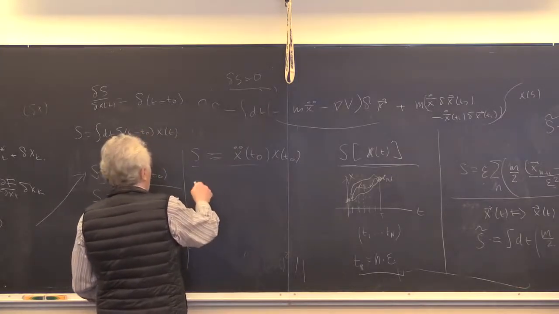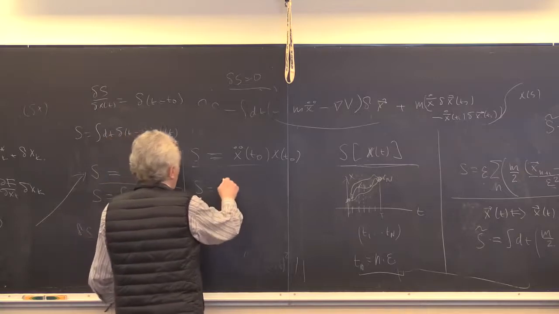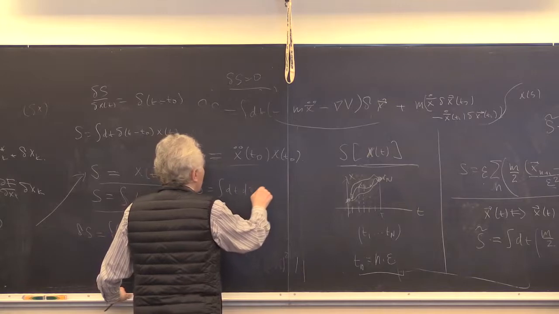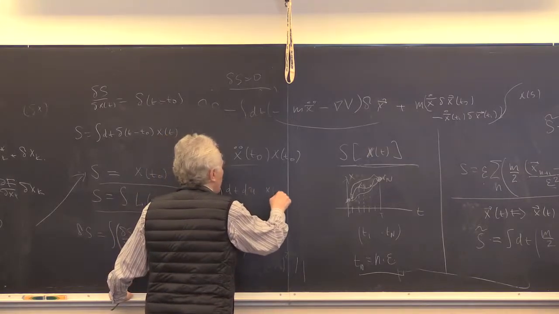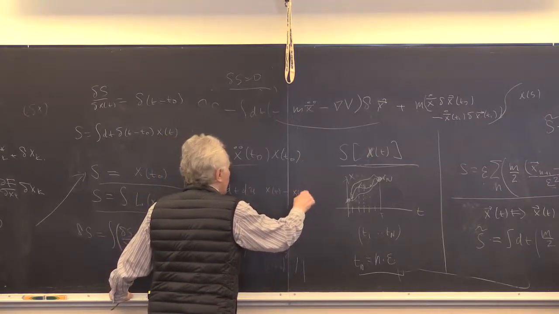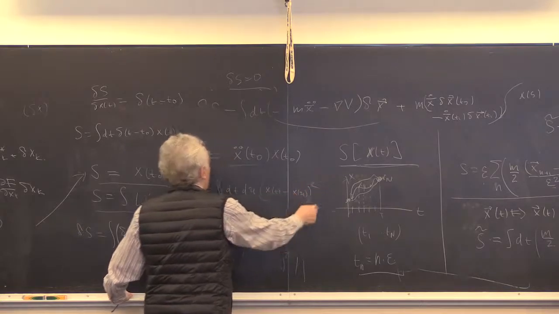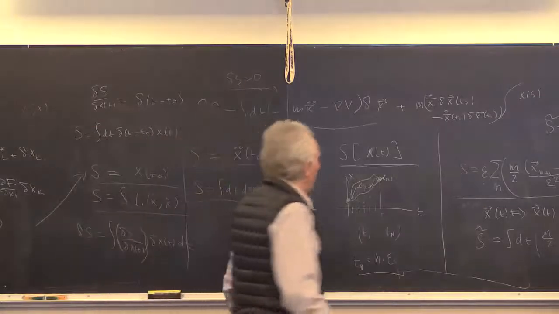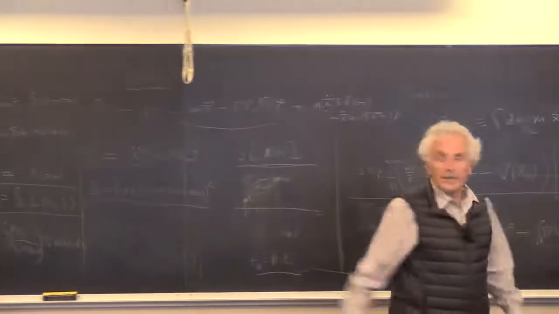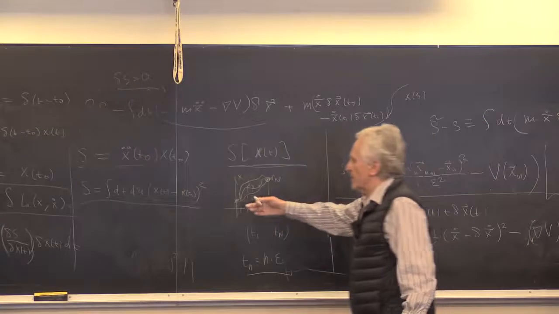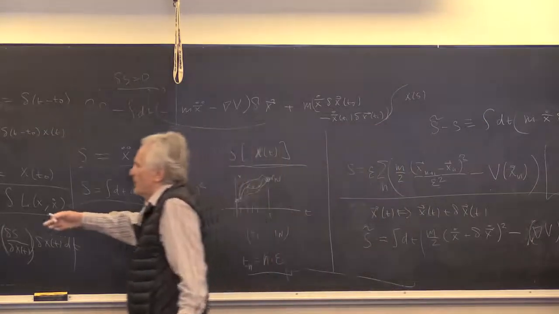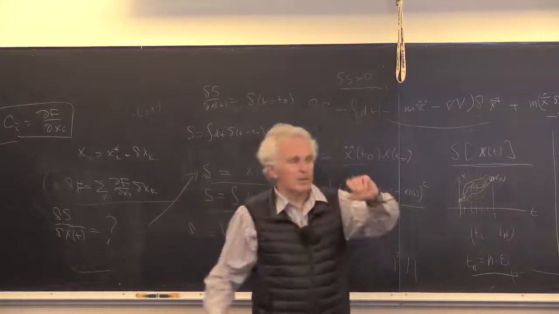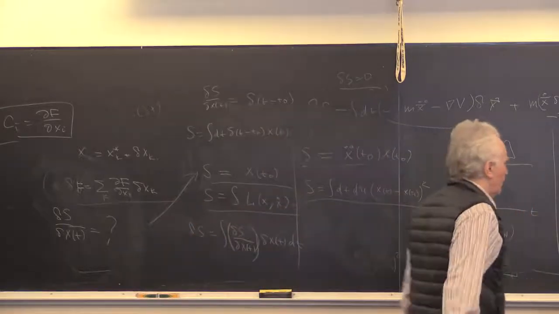There are other examples of functionals. For example, you can write down the double integral dt du of x of t minus x of u, squared. You can try to differentiate this functional also. And once again, in all examples I know, this discrete approximation gives you what you need.